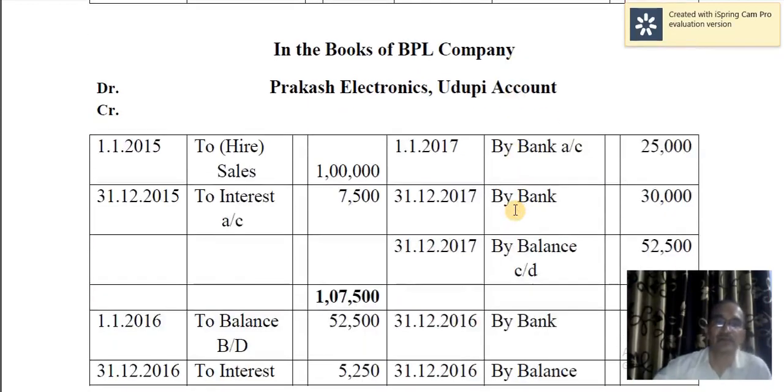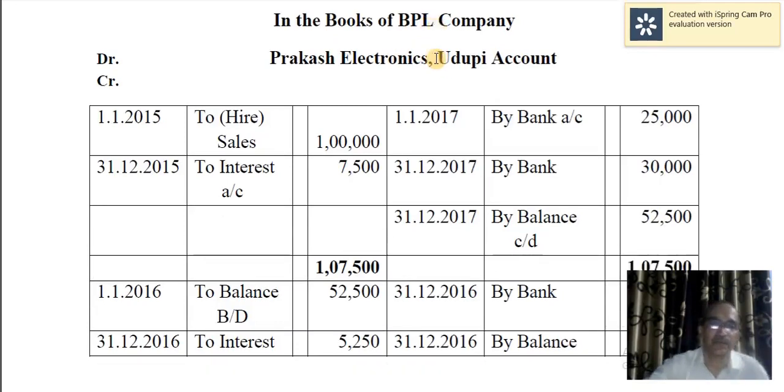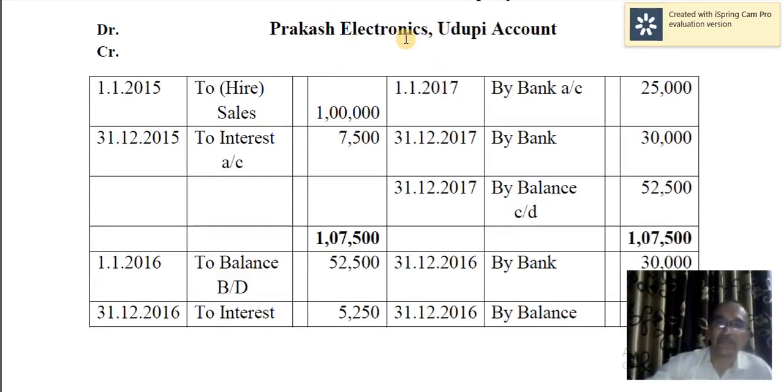Now we'll look into the ledger accounts in the books of BPL company. Okay, Prakash Electronics account debtor to hire sales 1 lakh, and you have received the down payment 25,000, and interest for the first year is 7,500, we have already calculated, and therefore first installment you have received 30,000.